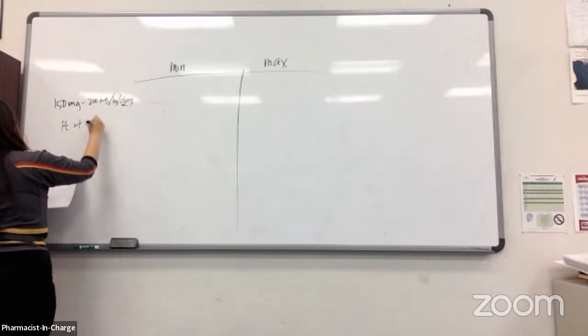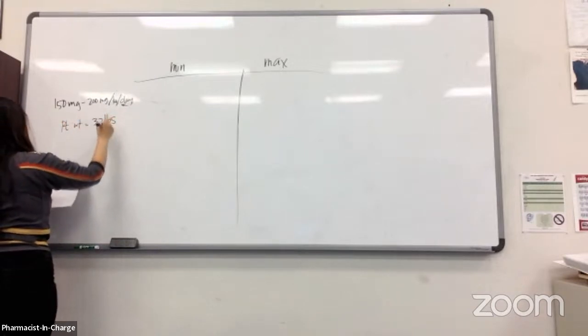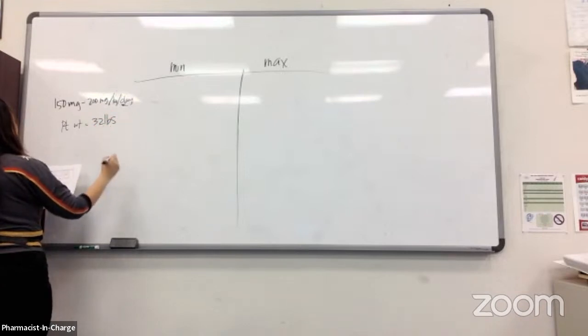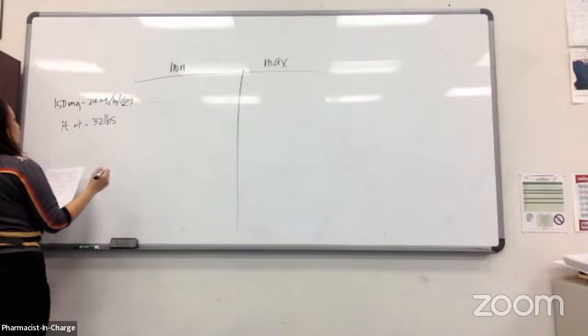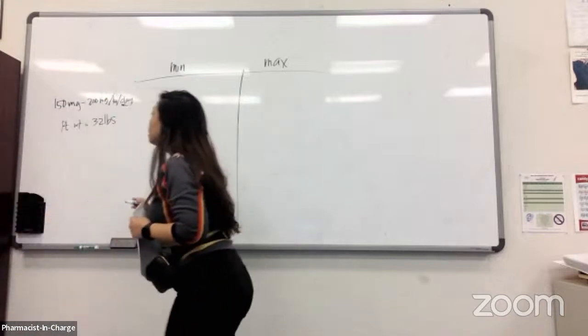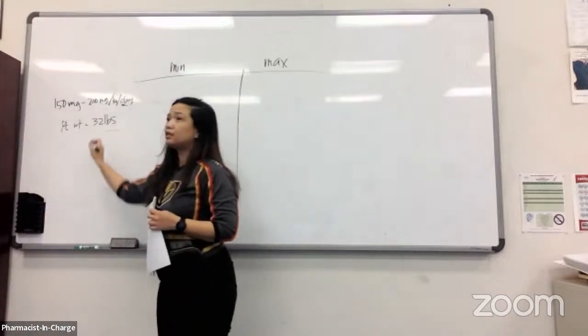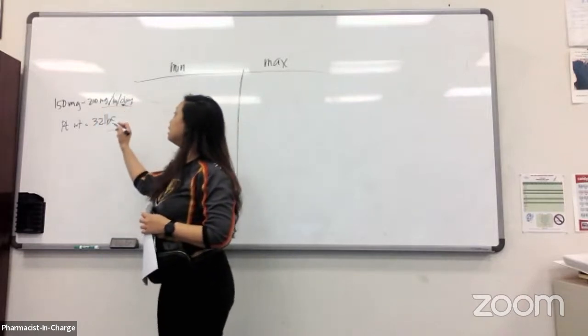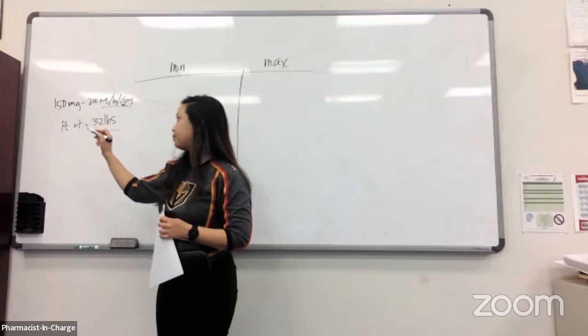The patient's weight, I'll put there, is 32 pounds, right? What is the minimum and the maximum milligram per day that Janelle is to receive? What do I do first? This is the weight, 32 pounds. My given is in milligram per kilogram per day.